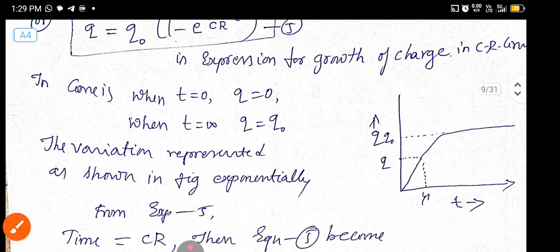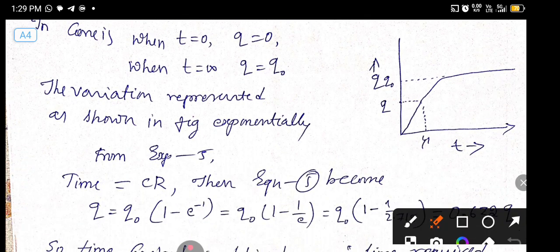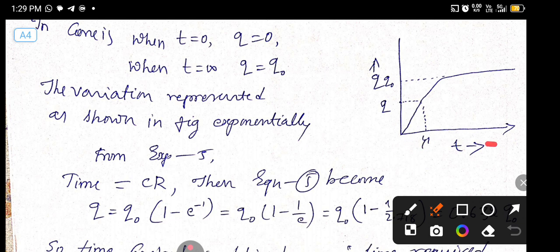Hence it can be drawn in the graph: as time increases, charge also increases, but after some time it goes constant and reaches the constant value Q naught.